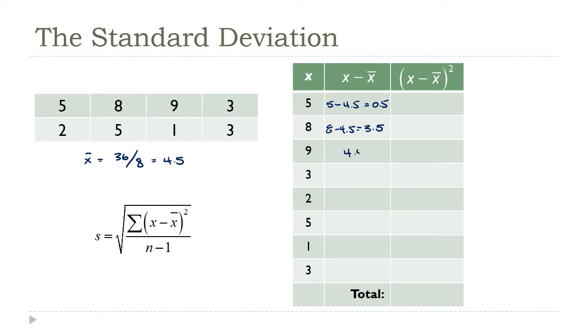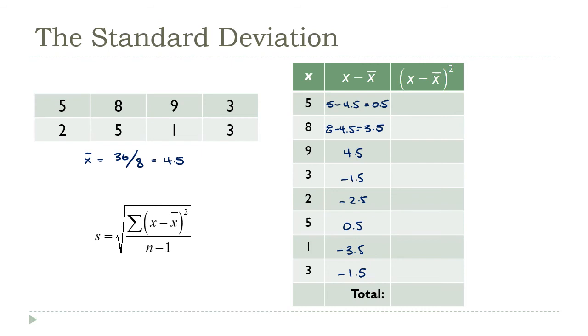So this will be 4.5, negative 1.5, negative 2.5, 0.5, negative 3.5, and negative 1.5. All right, so that's this column.